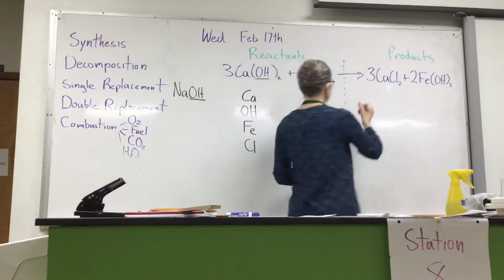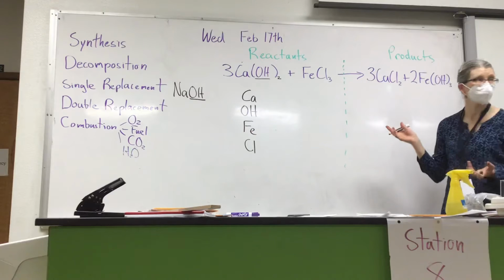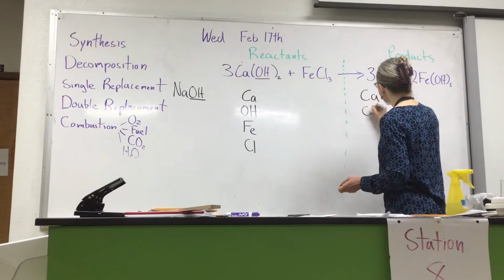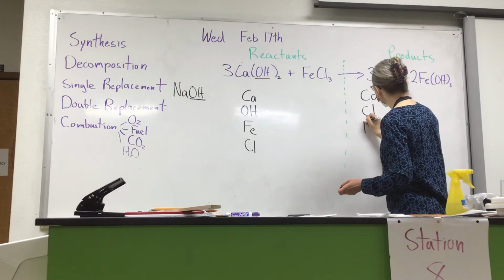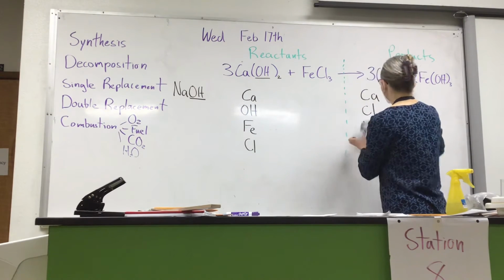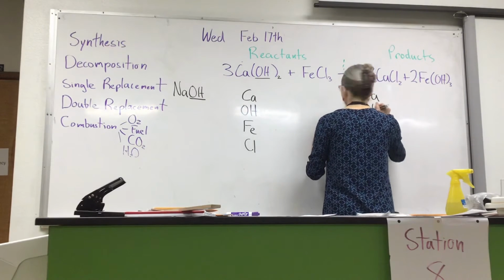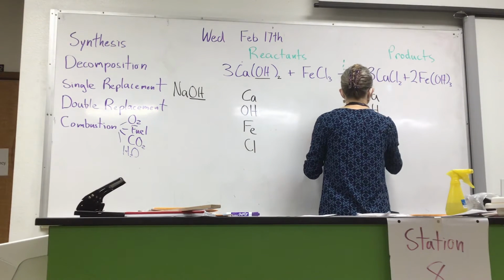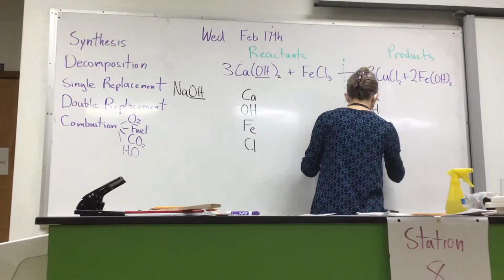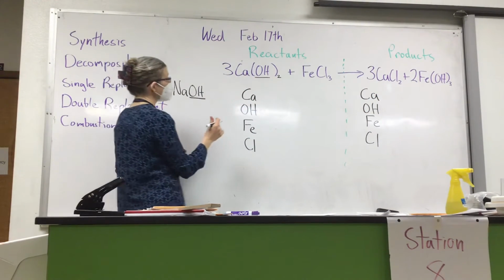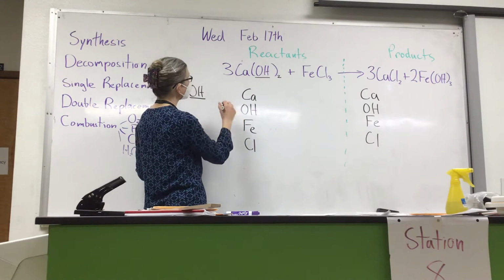I like to keep them in the same order on both sides because then I don't get confused when I'm comparing. So I'll have calcium, chlorine, wait, I did it in the wrong order now. Calcium, hydroxide, iron, and chlorine, okay? Then I just go through and count like you guys have learned to with formulas.